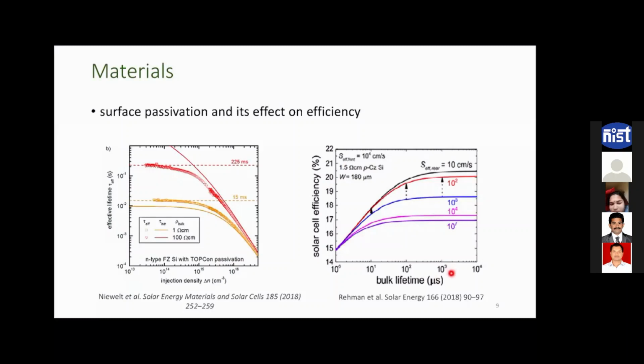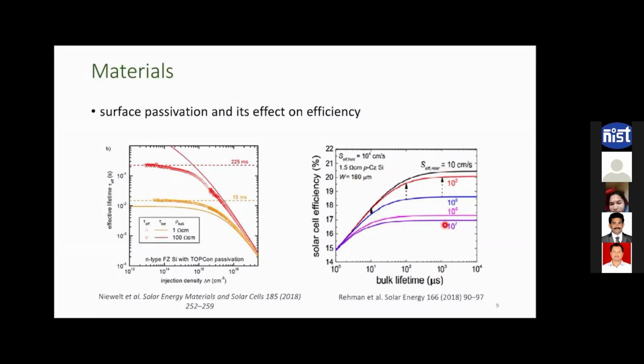But see, if you start with the same crystalline silicon wafer, but you can improve on your surface passivation quality, how much you can improve in terms of your efficiency. See the margins. If you can reduce the surface recombination velocity from 10 to the power 7 to 10 centimeter per second, there is a jump in the efficiency of around 21%.